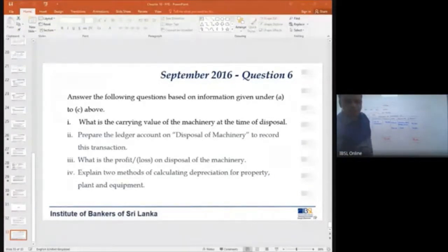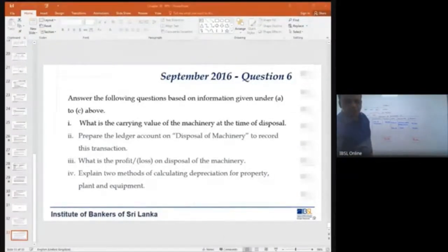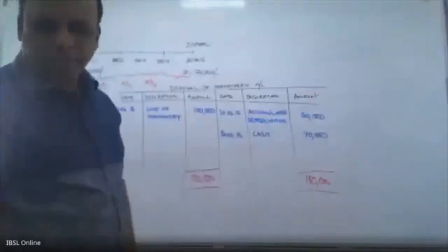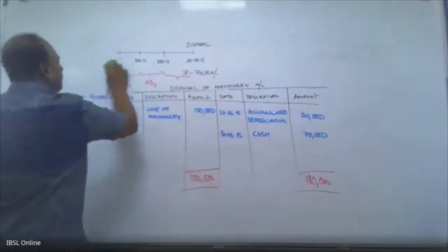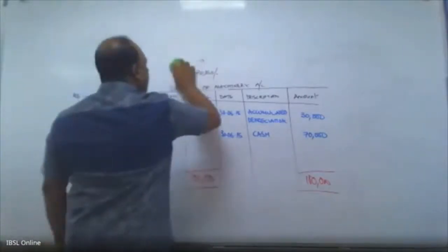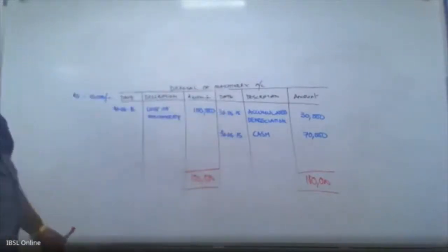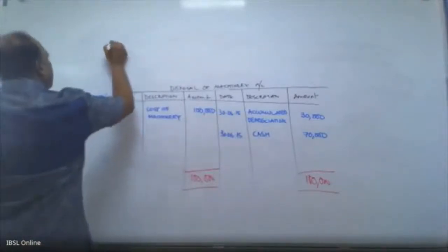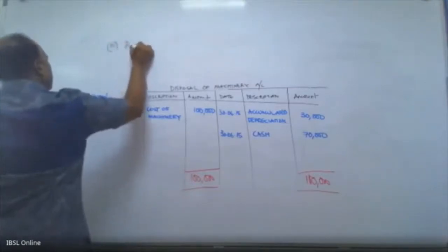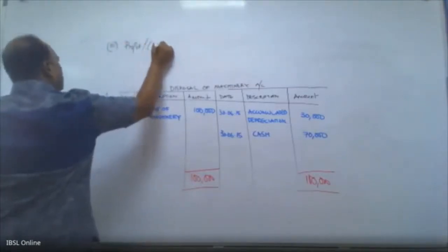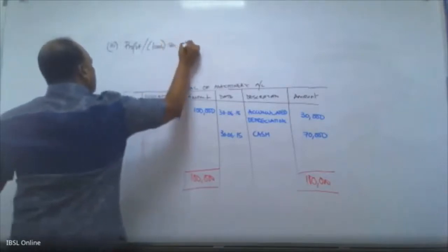We'll look at how to write the last part. So in examination, they have asked you the disposal profit or loss. So what we have to say is part 3, profit or loss on disposal.